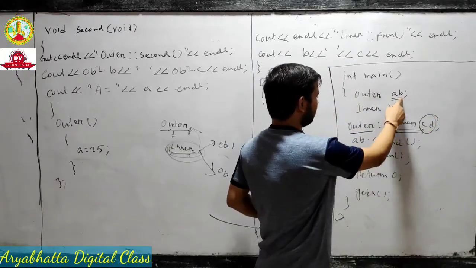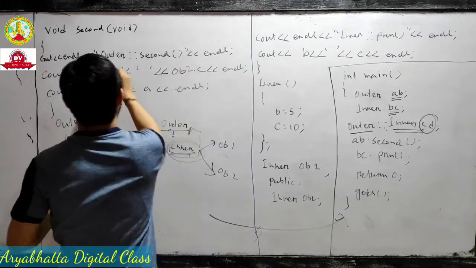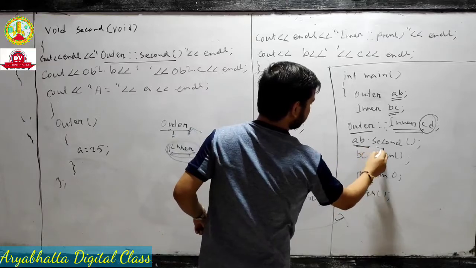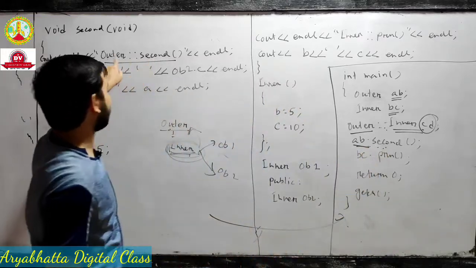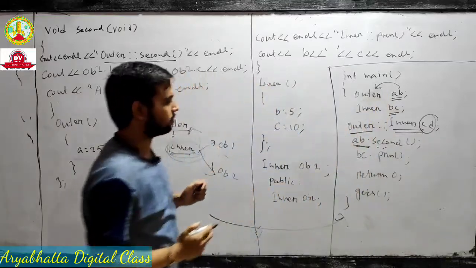AB is used for the second member function because second is in reference to outer. Why does AB access the second member function? Because second is for outer, and AB is an object of the outer class.